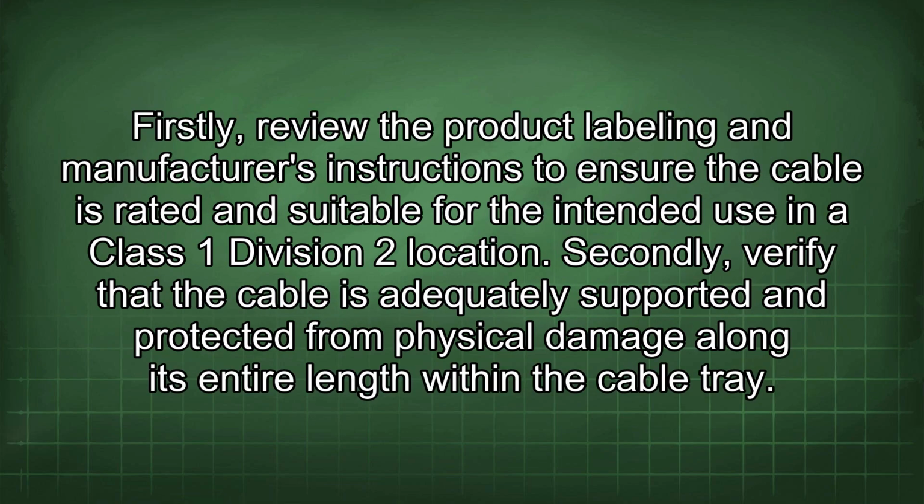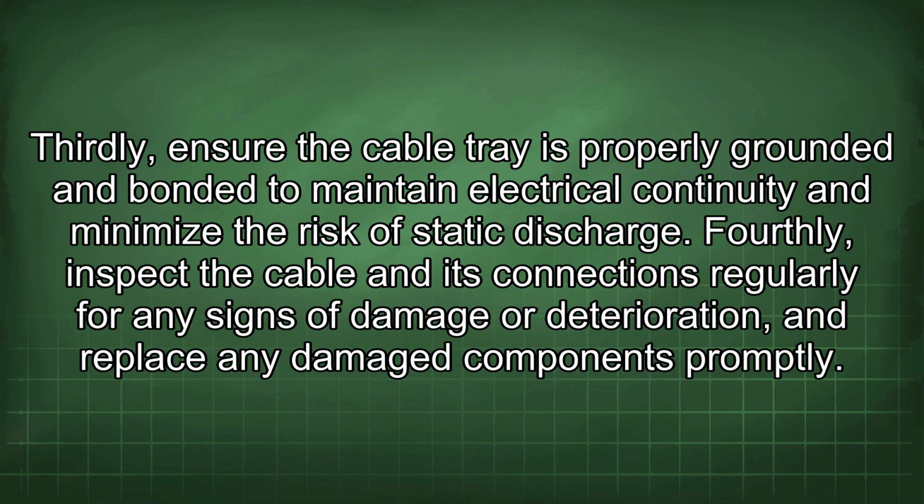Firstly, review the product labeling and manufacturer's instructions to ensure the cable is rated and suitable for the intended use in a Class 1 Division 2 location. Secondly, verify that the cable is adequately supported and protected from physical damage along its entire length within the cable tray. Thirdly, ensure the cable tray is properly grounded and bonded to maintain electrical continuity and minimize the risk of static discharge.